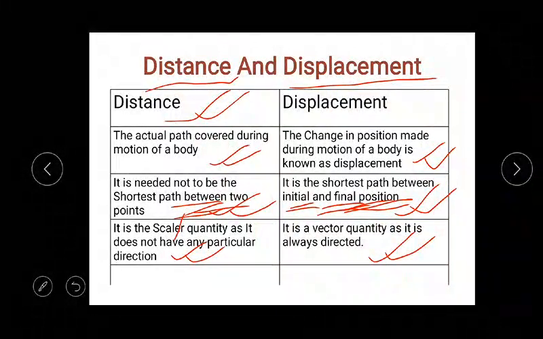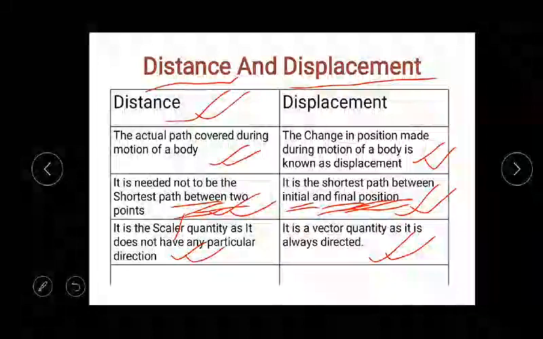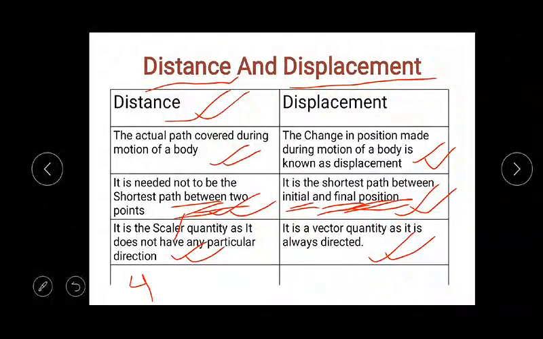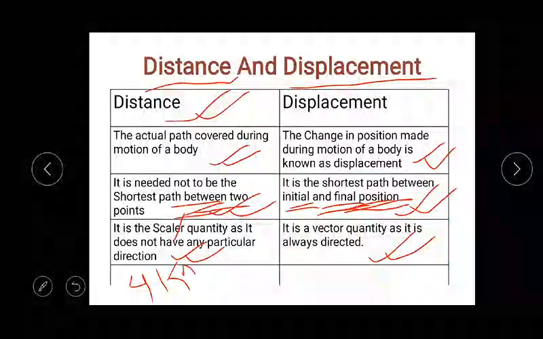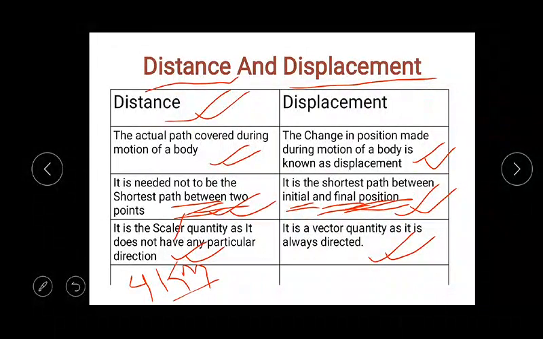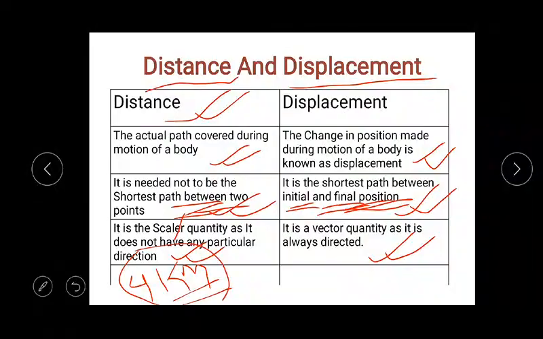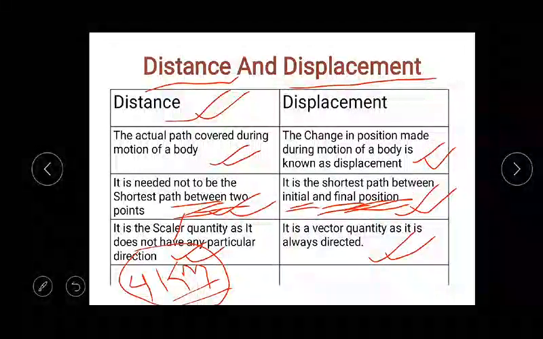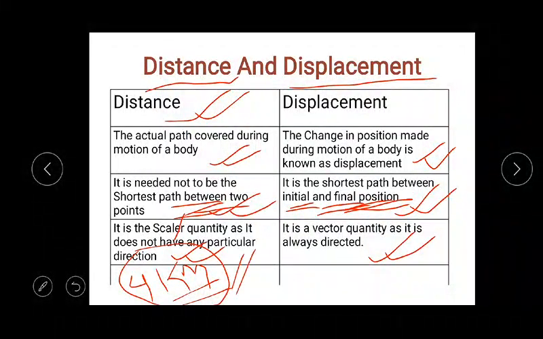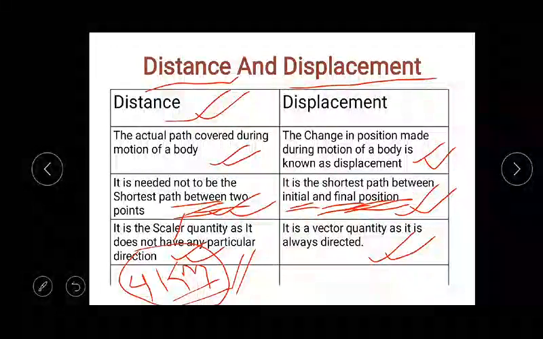We can take an example of distance as a scalar quantity: we can measure the distance of a road as 4 kilometer. We are only measuring the distance, not mentioning any direction, so distance becomes a scalar quantity. 4 kilometer is a scalar measurement.